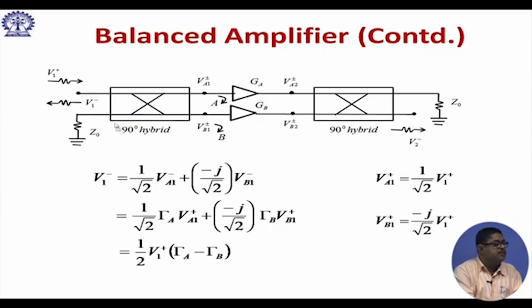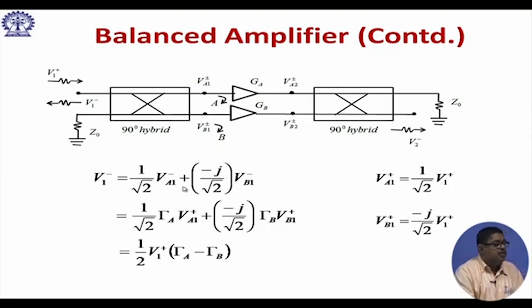V1 minus, if we see how much we are reflecting, V1 minus is 1 by root 2 VA1 minus, and then VB1 minus, what is being reflected here comes here with a 90 degree phase shift, that is why minus j by root 2.